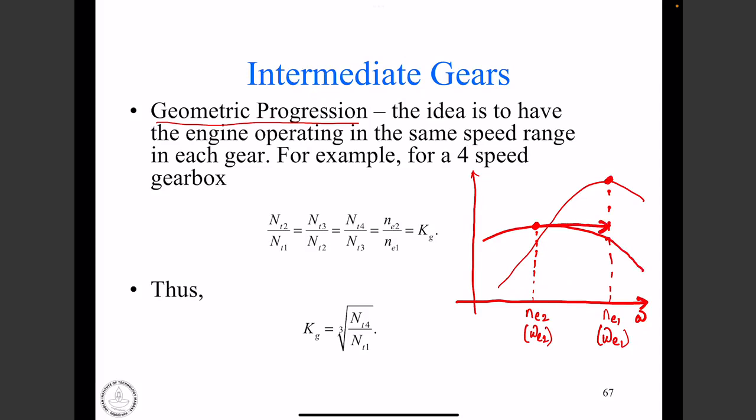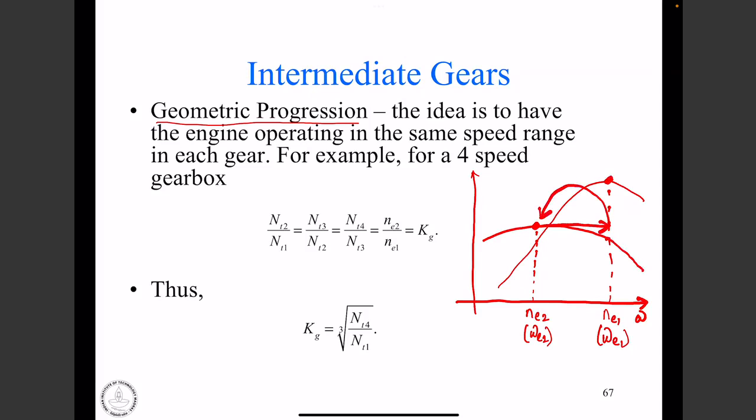So what will I do? I will change the gears so that I bring back the engine's operating state to this point once again. And I keep on repeating the process. So I go from the point of high torque to the point of high power and then return back to the point of high torque when I change the gear.